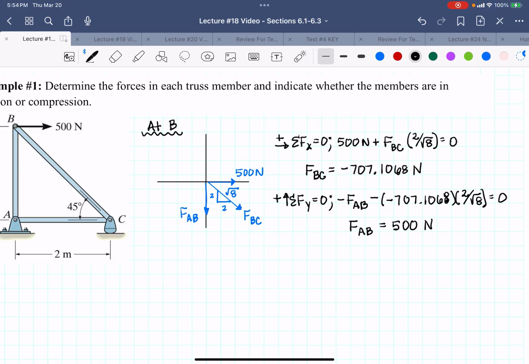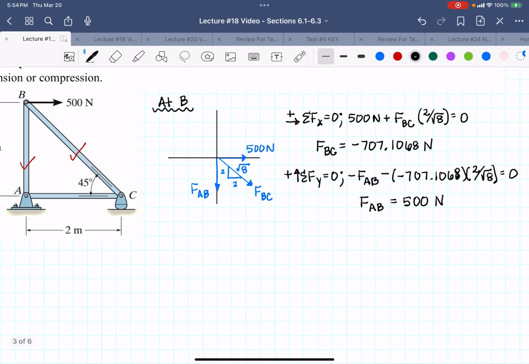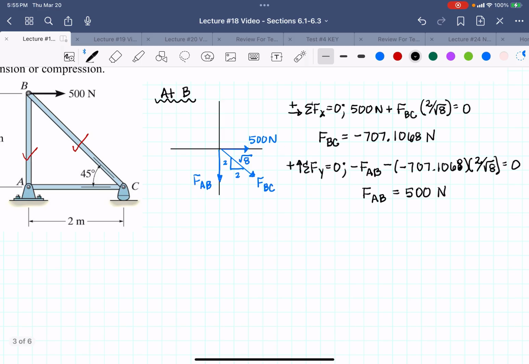All right, we still have one member that we haven't solved for. So we've solved for FBC, check. We've solved for FAB. Now we need to solve for FAC or CA. So I am going to draw a free body diagram at point C. Now notice I didn't solve for the reaction forces.